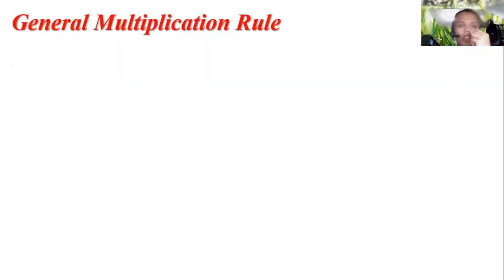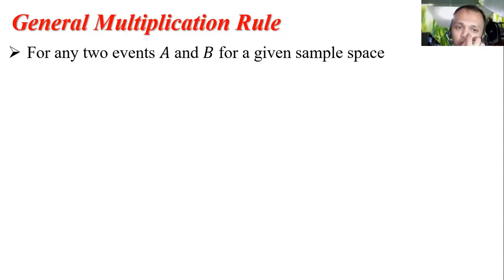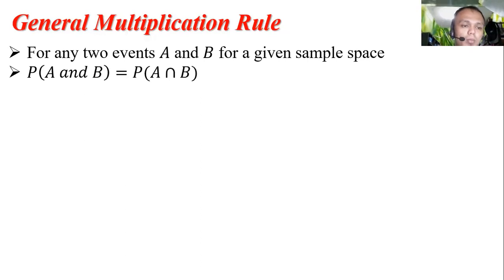Now, in independent and dependent events, we use the general multiplication rule. For any two events A and B in a given sample space, the probability of A and B is equal to the probability of the intersection of A and B. Remember your intersection and union events: when we use "and", we are talking about the intersection of two or more events.